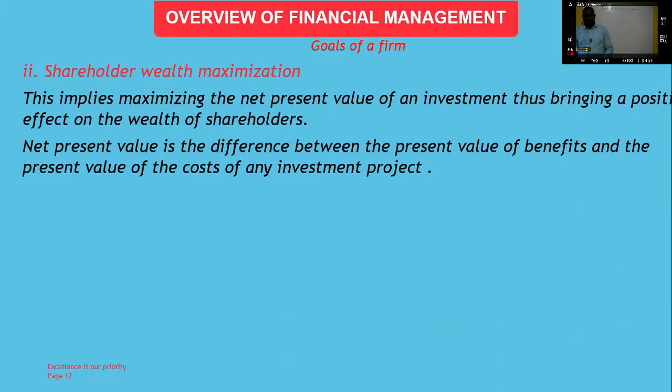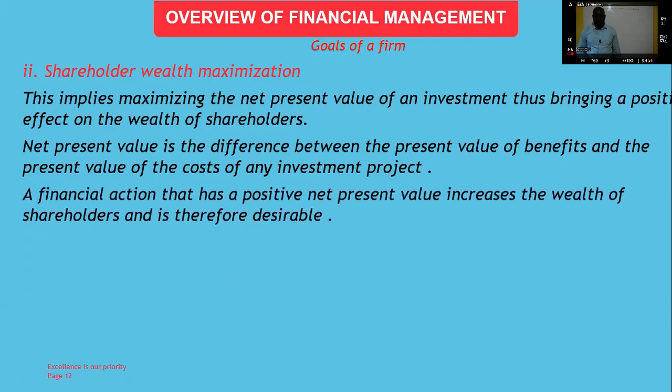You discount the cash outflows, you also discount the cash inflows. The difference between the present value of the cash inflows and the cash outflows is what we call the NPV, the net present value. We shall look at net present value later on in capital budgeting and discuss it in detail.